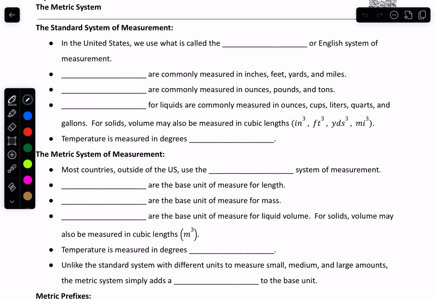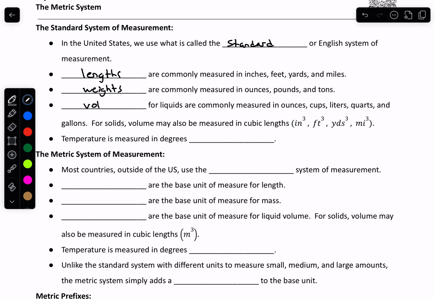The standard system of measurement. In the United States, we use what is called the standard or English system of measurement. Lengths are commonly measured in inches, feet, yards, and miles. Weights are commonly measured in ounces, pounds, and tons.